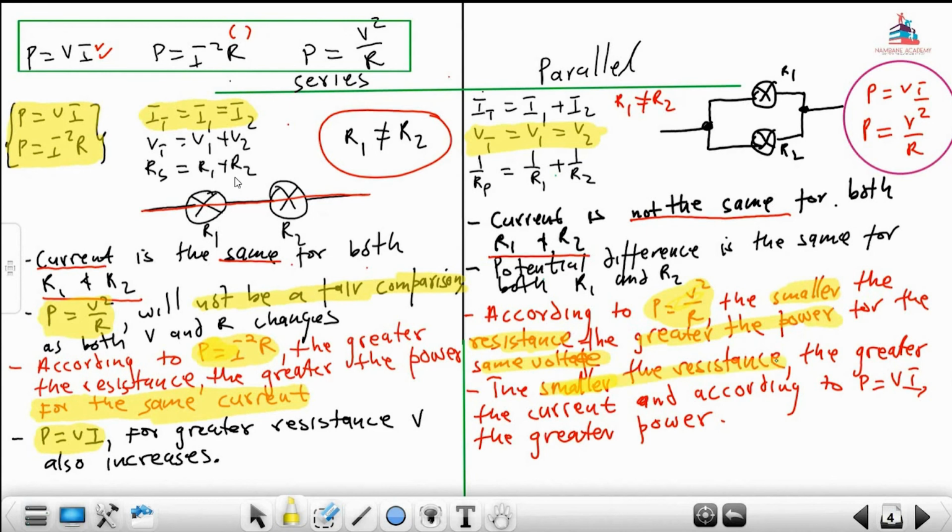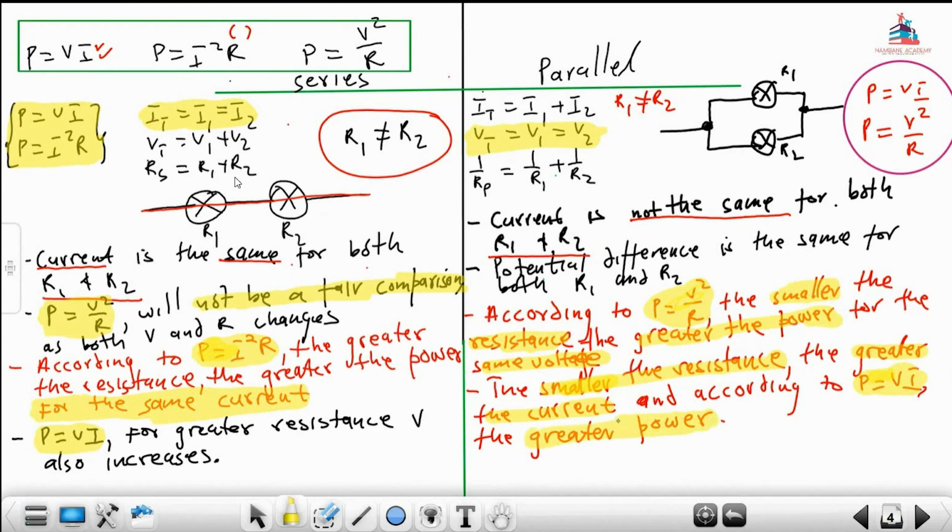So for the smaller resistance, the greater the power or the greater the current according to these equations. So if my resistance is small, my current is more, but the voltage is not changing, then I will have the greater power.